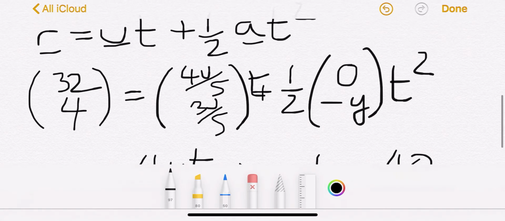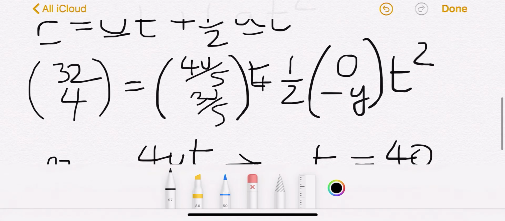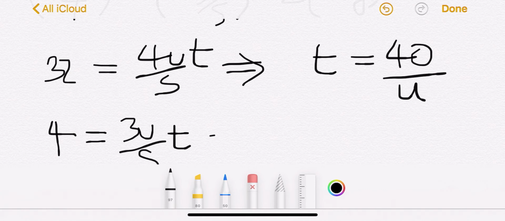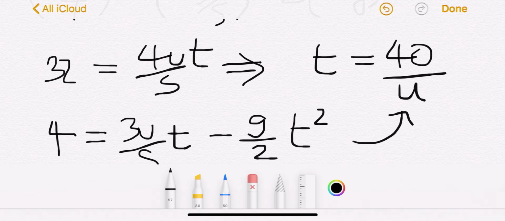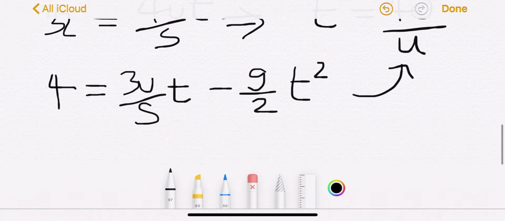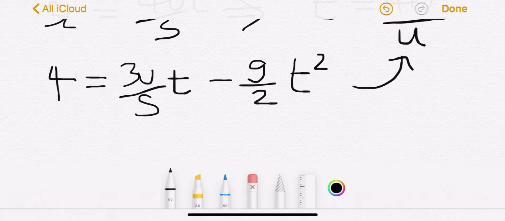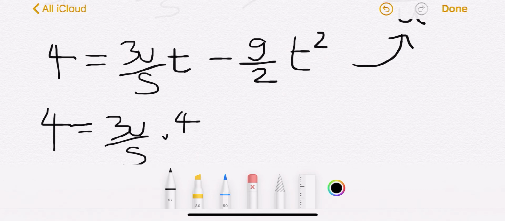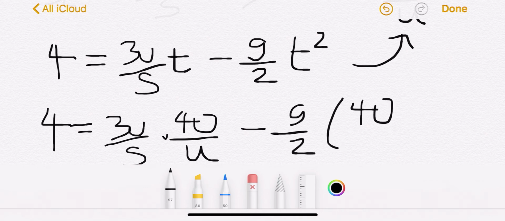Now we can take the vertical component. So we get 4 equals 3u/5 times t minus g/2 t squared, but we can just substitute in this value of t to get an equation in u. So 4 equals 3u/5 times 40/u minus g/2 times 40/u all squared.